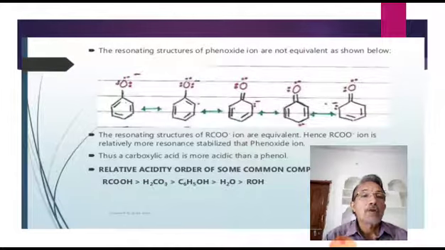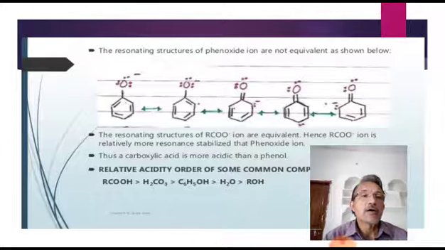Thus, the carboxylate ion is more stable than the phenoxide ion. The carboxylate ion RCOO minus is relatively more resonance stabilized than the phenoxide ion. Thus, carboxylic acid is more acidic than phenol.